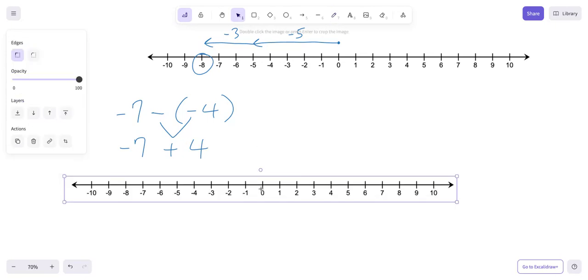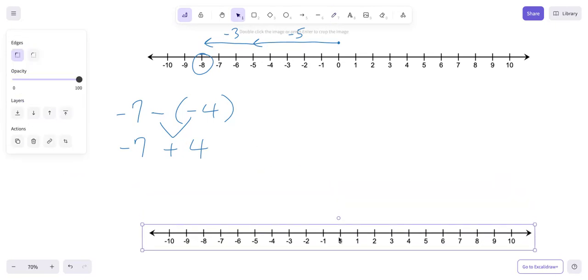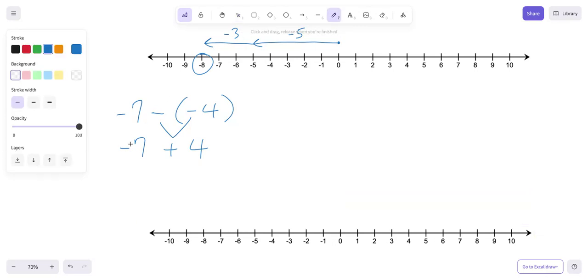And then paste this here. All right, so my first number is negative 7, and my second number is positive 4. So I start at 0, negative 7, so I go 7 to the left, and then I go plus 4. I go 4 to the right. 1, 2, 3, 4.